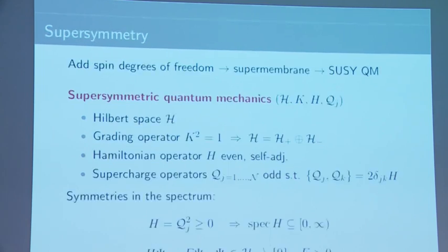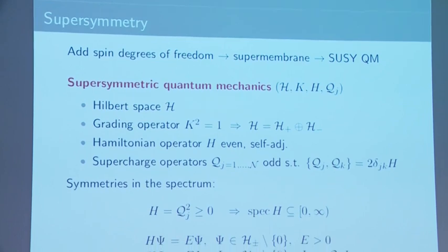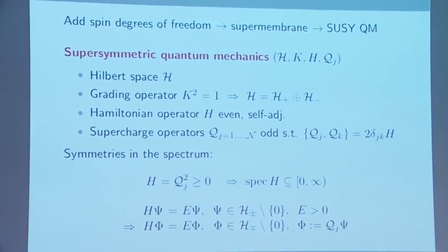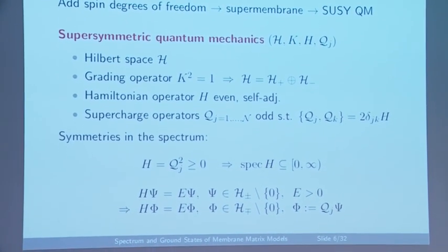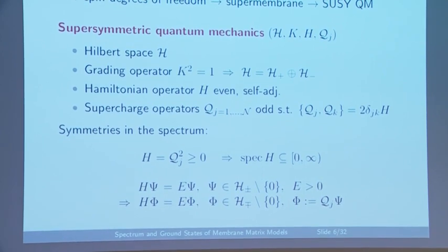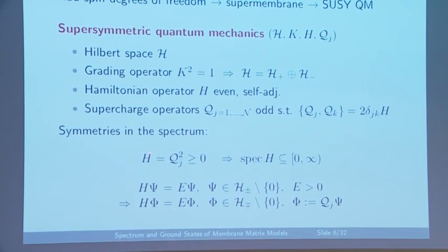So this is the definition of supersymmetric quantum mechanics, and some nice properties are implied just by this structure: your Hamiltonian will necessarily be a non-negative operator because it's the square of, okay, I should say these are, in this formulation, also self-adjoint operators.